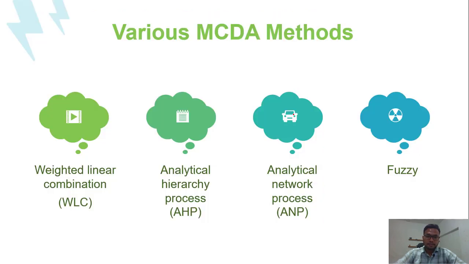About the various MCDA methods, we analyzed 4 popular methods in MCDA. Number 1 is WLC, weighted linear combination, then analytical hierarchy process, analytical network process, and the last one is fuzzy.